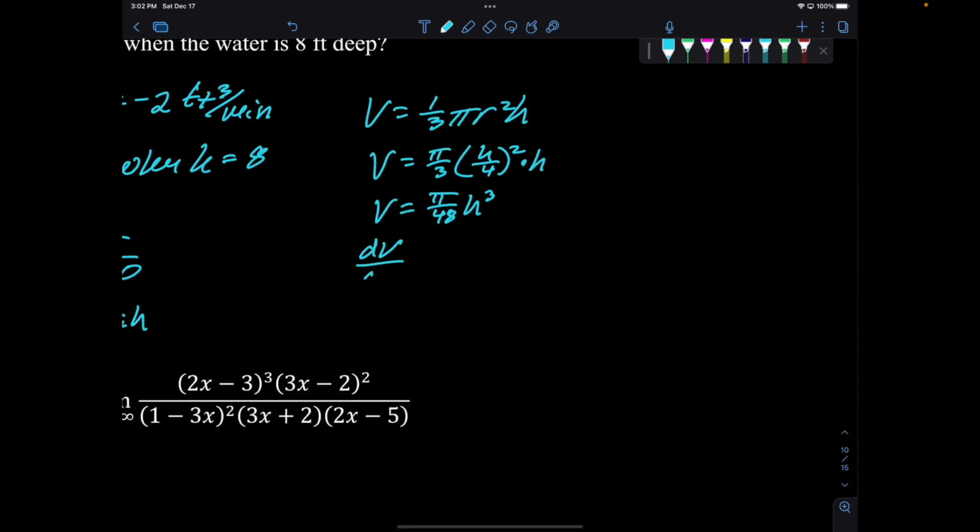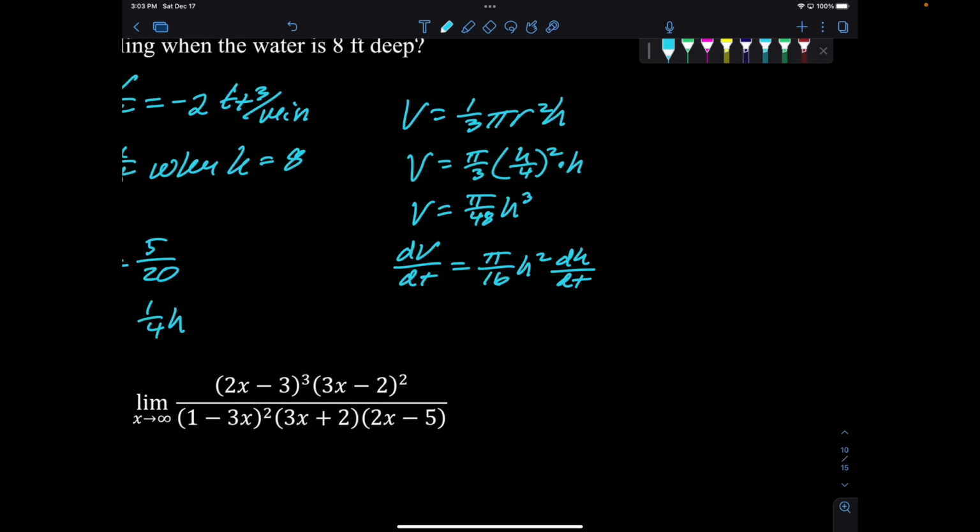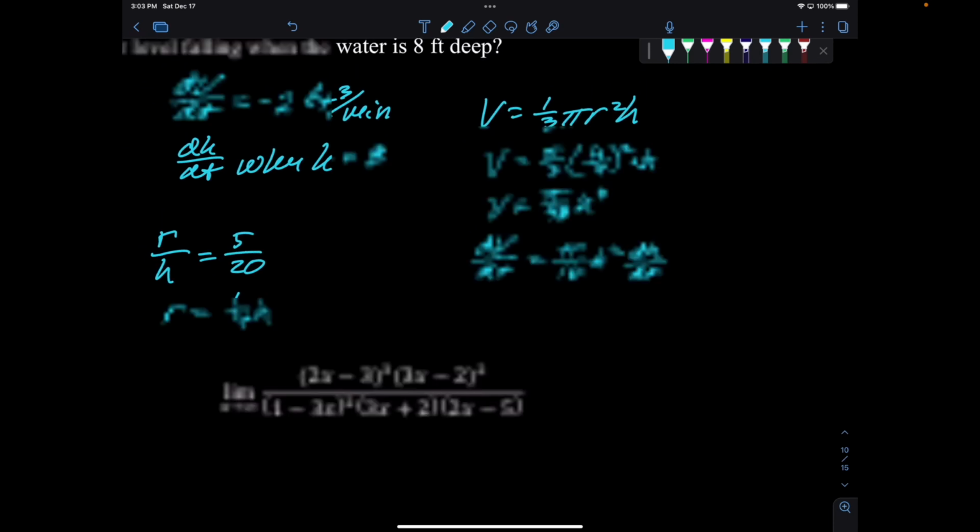So dV/dt, π over 48. Then we're going to get 3h squared dH/dt. So 3 over 48 is 1 over 16. So I'm going to do π over 16, because that's really 3π over 48. And then h squared, and then by the chain rule, we get a dH/dt. And now it's just sub in and solve, right?